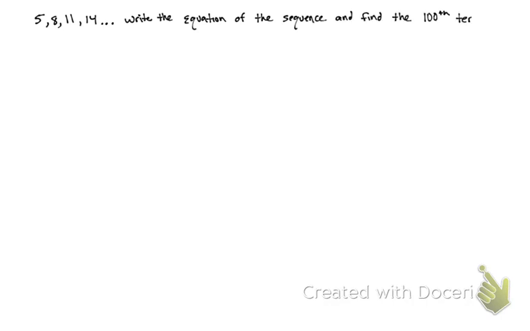All right, so next one. Let's say we have the pattern 5, 8, 11, 14. Write the equation and find the 100th term. The general equation, the explicit formula, is going to be a of n equals your first term, that's 5, plus n minus 1, and the common difference.